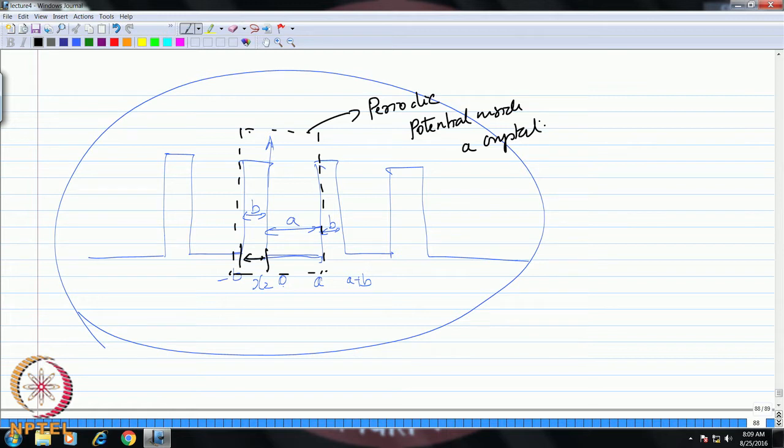So, we do not have to look at all of these potentials together. We can take one periodic unit cell potential, and then we have to apply the periodicity boundary condition, right. So, the boundary condition here is it is periodic at x equal to minus b and x equal to a, and apart from that you also have to give the boundary condition at x equal to 0.